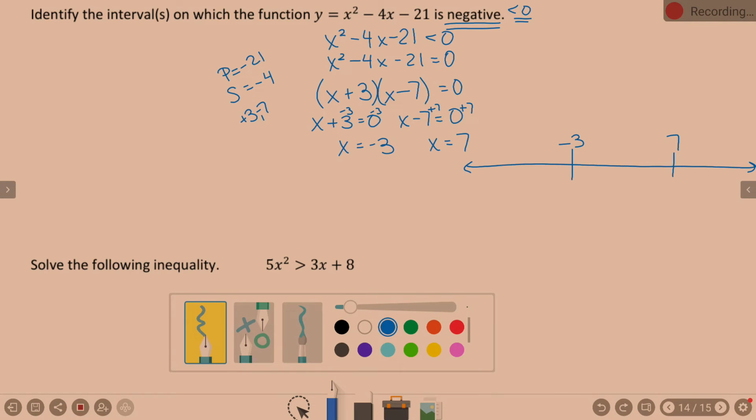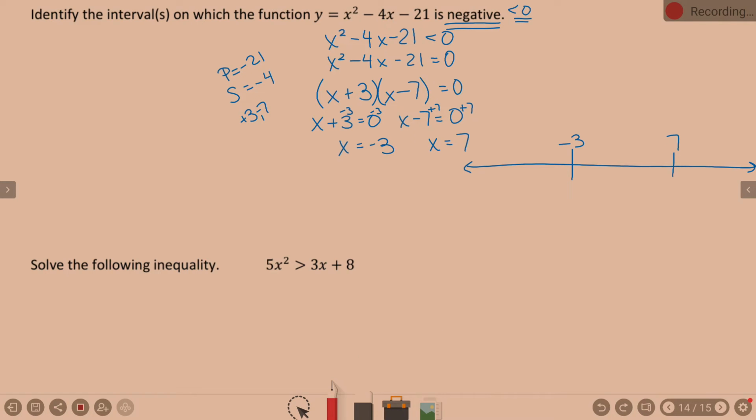Pick a test value. What do you want to test to the left of negative 3? If I'm going to be honest, I'm probably going to grab negative 4. And what am I putting that negative 4 into?